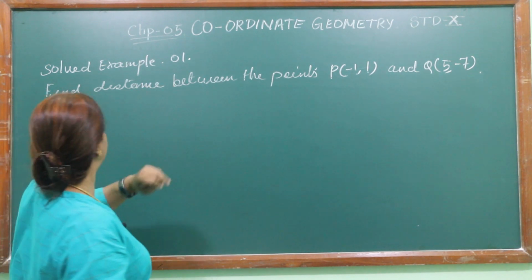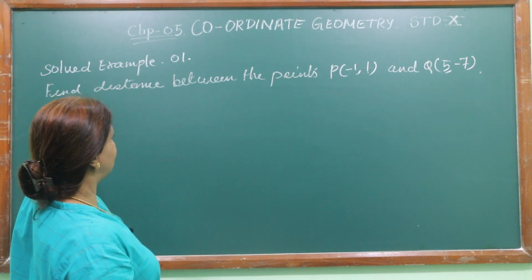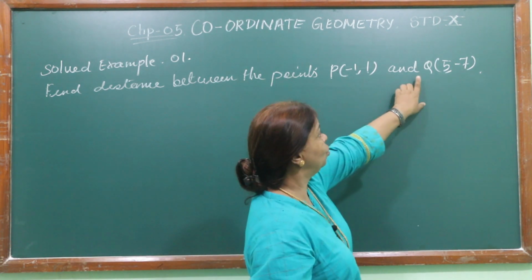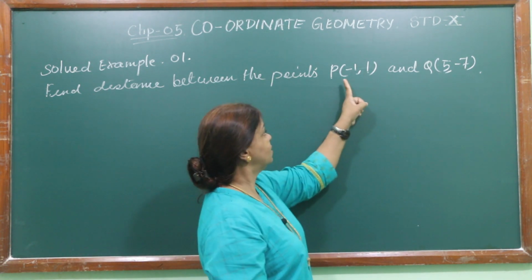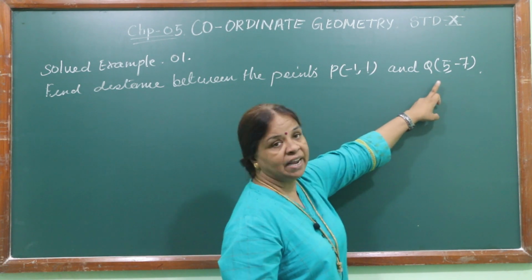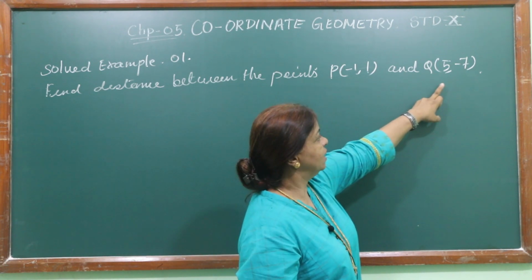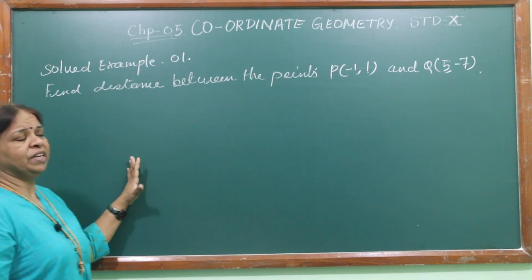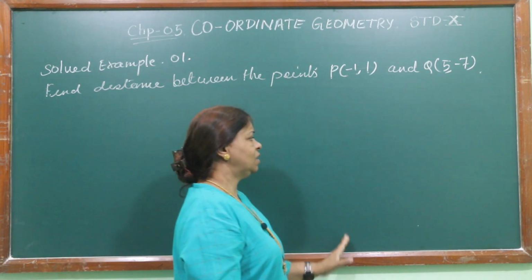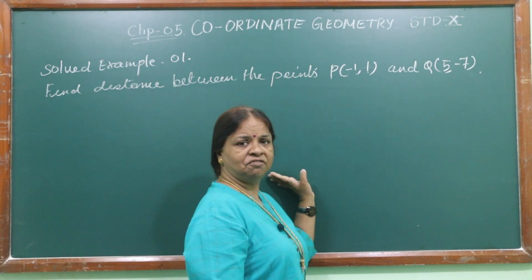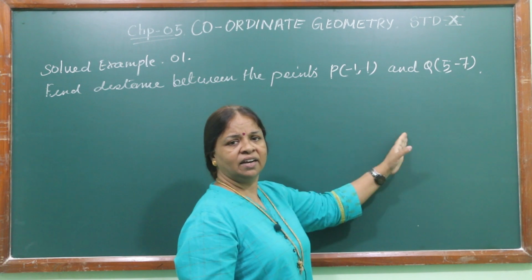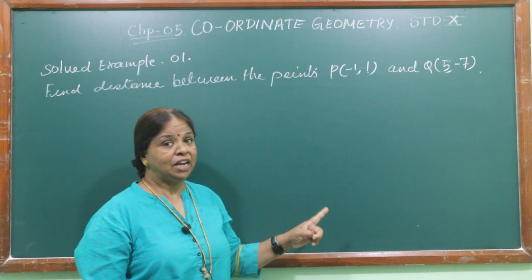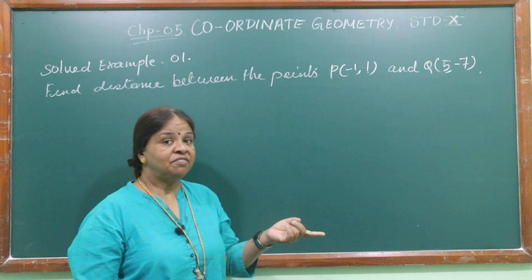First solved example. The example says find the distance between points P and Q whose coordinates are minus 1, 1 and 5, minus 7. Here we do not know where the points lie. If we plot the points on the graph we can know. Before this in the video I have explained how to derive the distance formula.